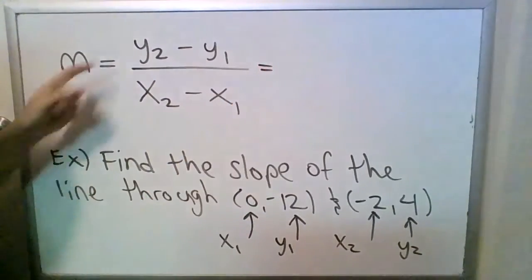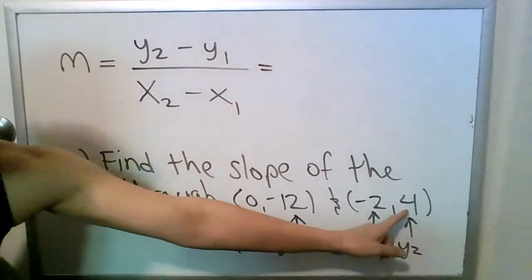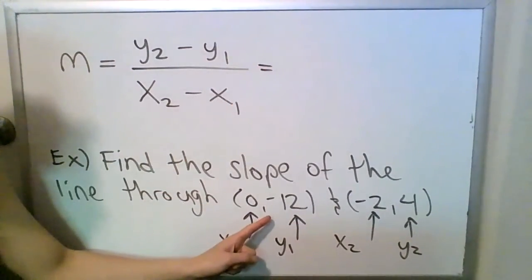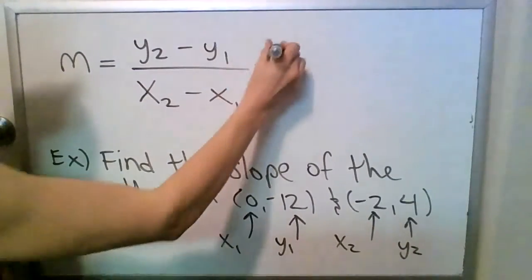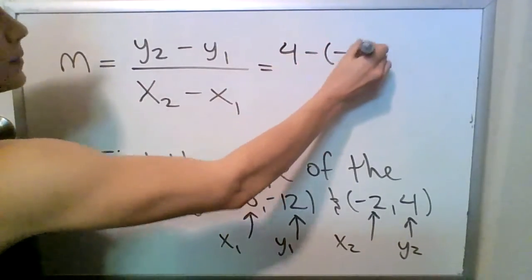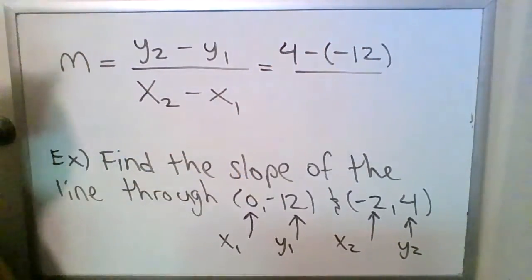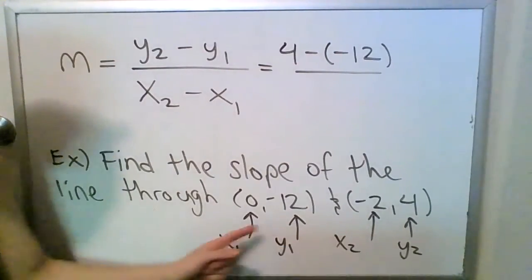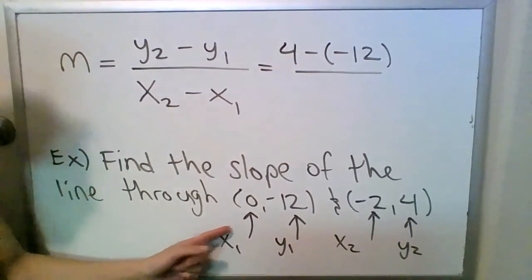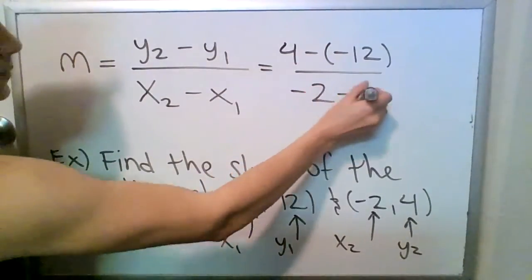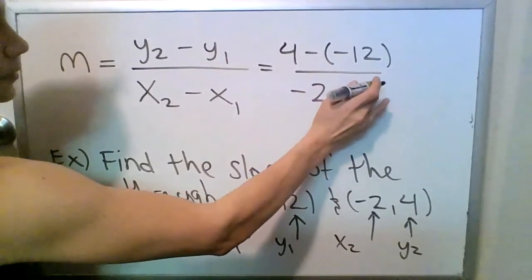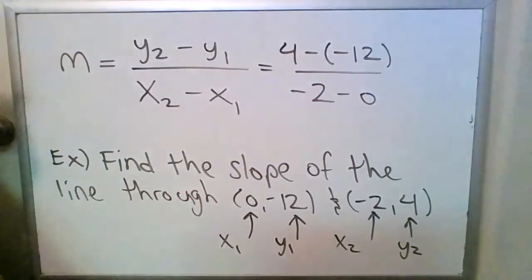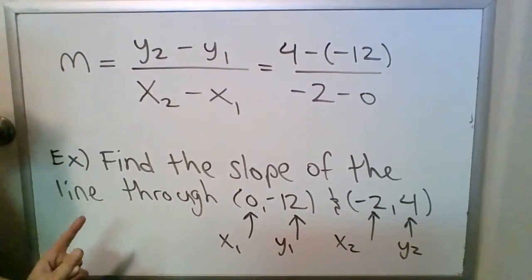Difference in y values is going to be 4 and then minus -12. x sub 2 is over here, so -2 and then subtract 0. 4 plus 12 over -2.